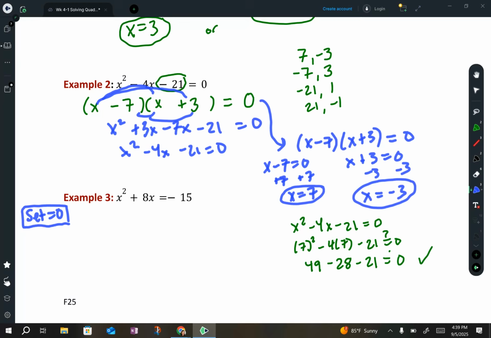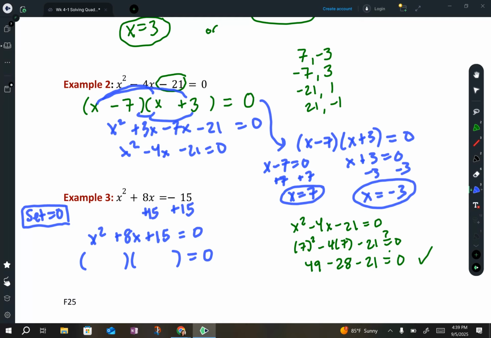It doesn't help to be set equal to negative 15. There's not a negative 15 product property. It's the zero product property. So I need the two things to multiply to be 0. Let's just add 15 to each side, and that gives me x squared plus 8x plus 15 equals 0. And now I'm going to factor these terms.